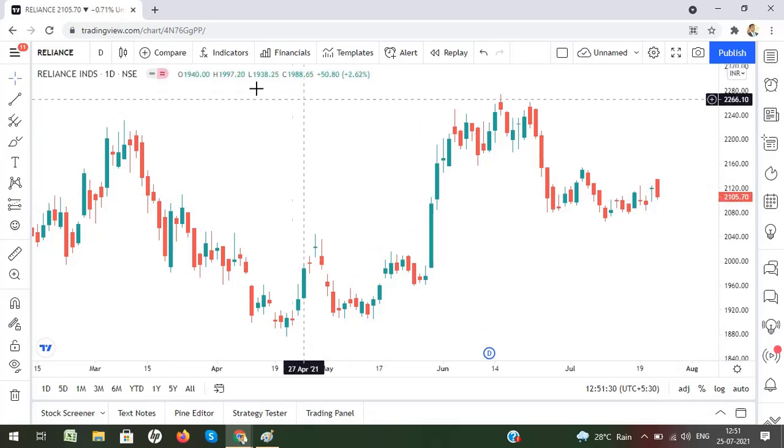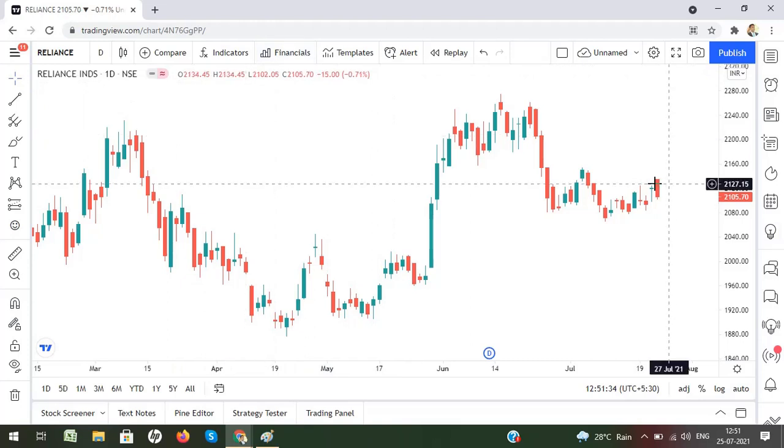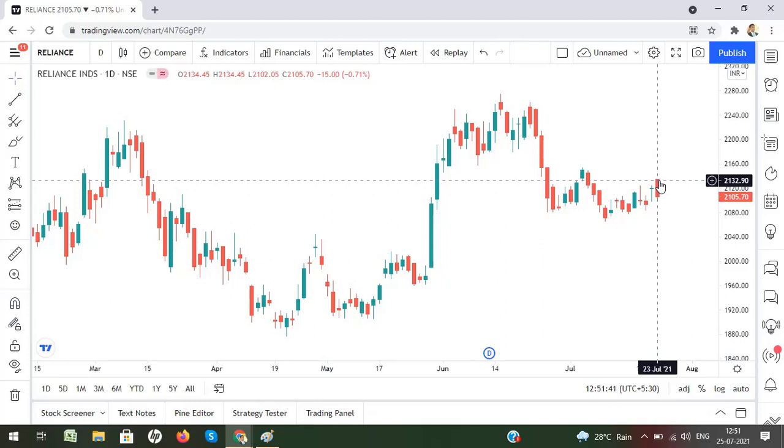Now if I place a cursor here, on the top side you can see OHLC, which means open, high, low and close. You can see the opening price of Reliance Industries at 9:15 a.m. on 23rd July was 2134.45.